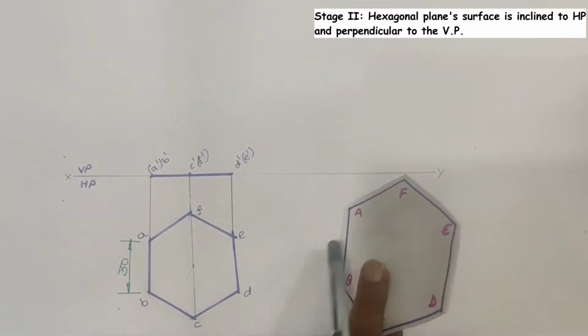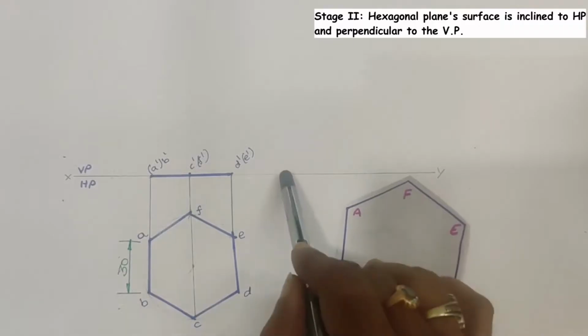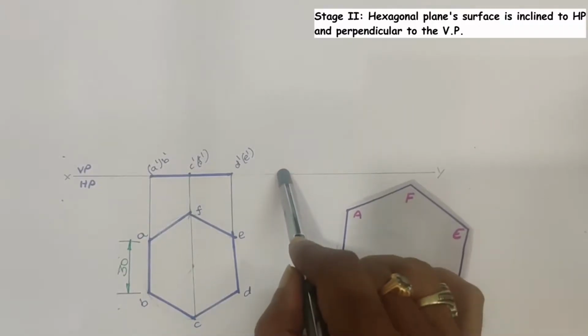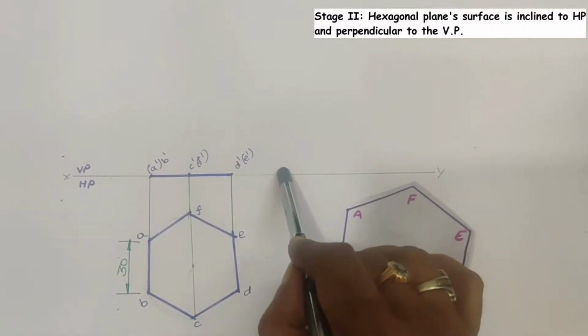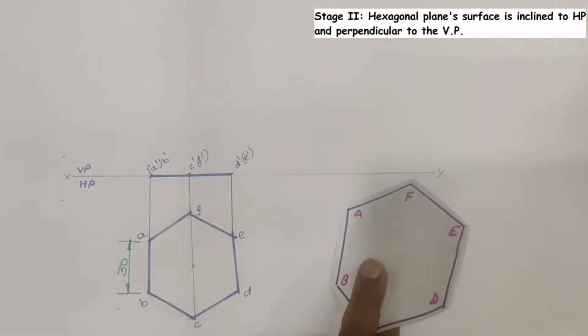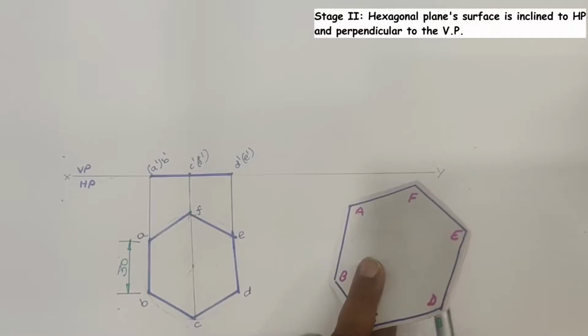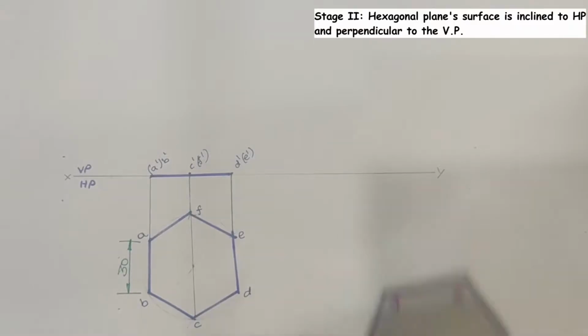Here, the side of the hexagonal plane, say AB, is on HP. That's why its image in the front view, say A dash B dash, falls on the XY line, and in front view it is a line which is making an angle, say 45 degrees. Here this 45 degrees is nothing but the inclination of the plane with HP.